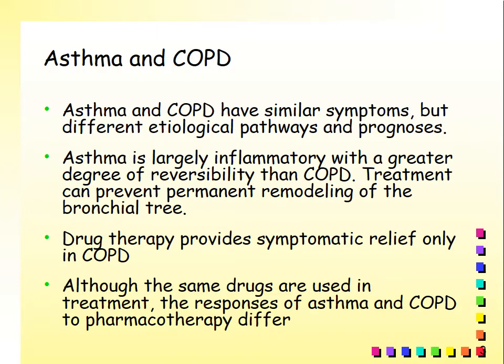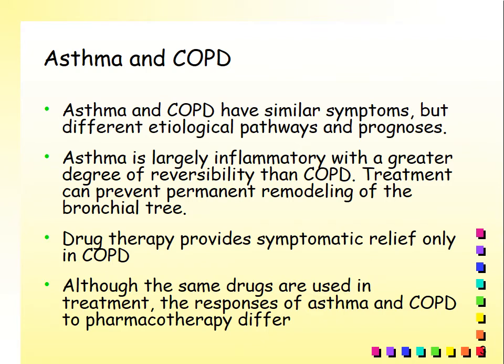While asthma and COPD have similar symptoms, they have very different etiological pathways and prognoses. Asthma is a disease of inflammation. It is largely related to having an allergic predisposition. The patient comes in contact with substances which trigger the bronchospasm. Treatment can be disease modifying in asthma.